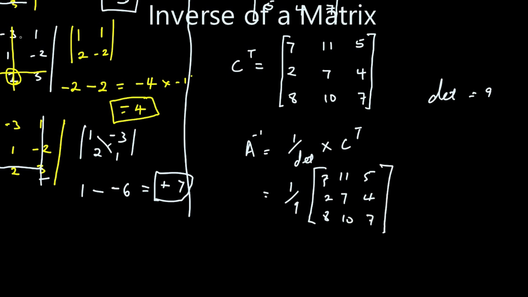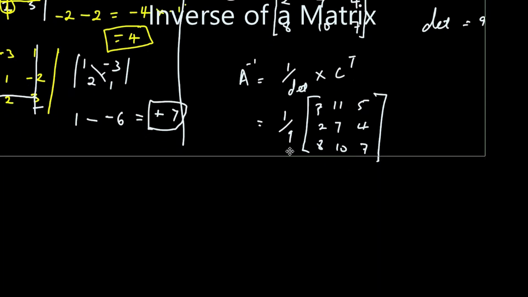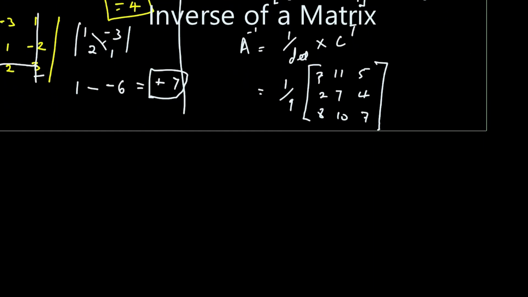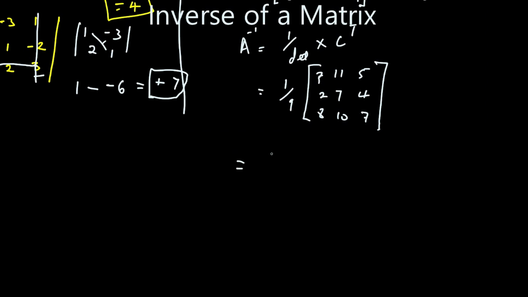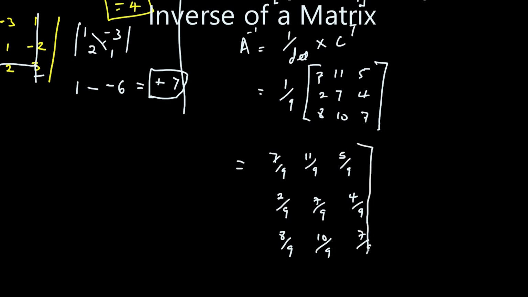So you can leave your answer at that, or you multiply every term by 1 over 9, so that we have our answer being 7 over 9, 11 all over 9, 5 all over 9, 2 all over 9, 7 all over 9, 4 all over 9, 8 all over 9, 10 all over 9, 7 all over 9 as the inverse for the matrix A. So this is A inverse, that matrix which is written there.